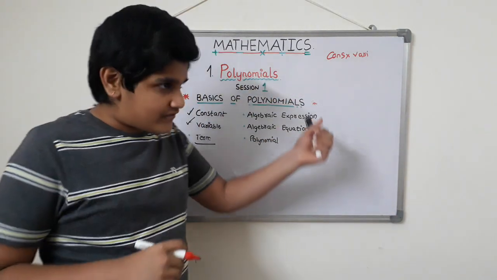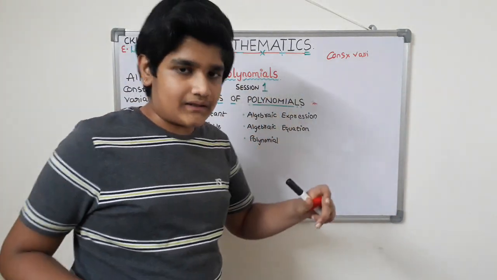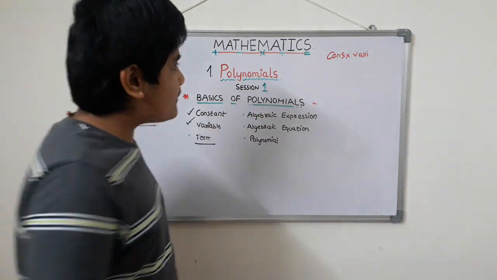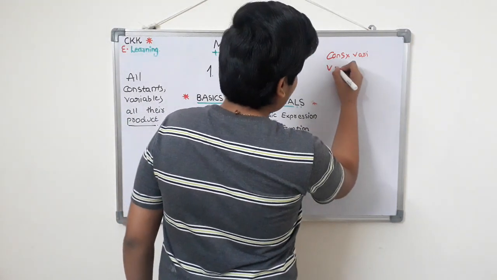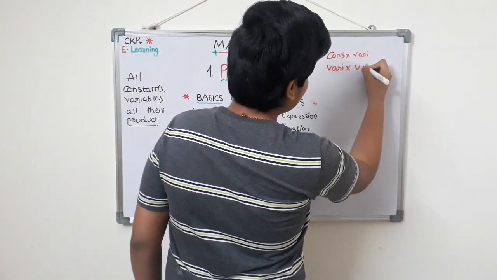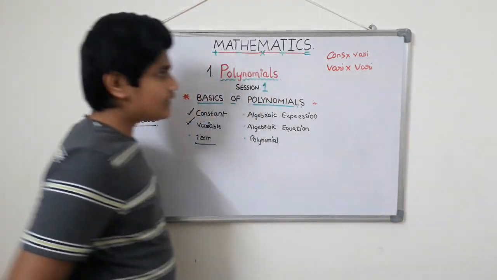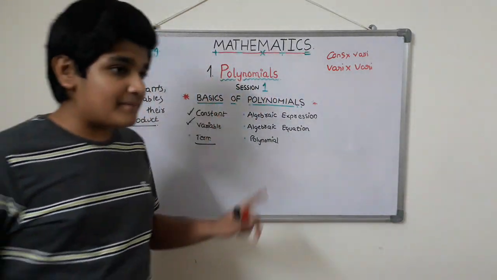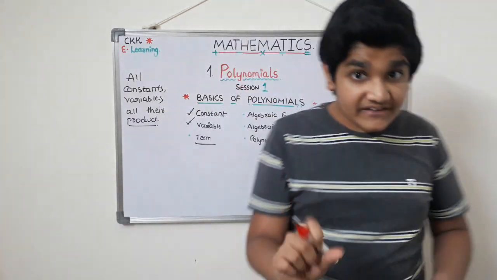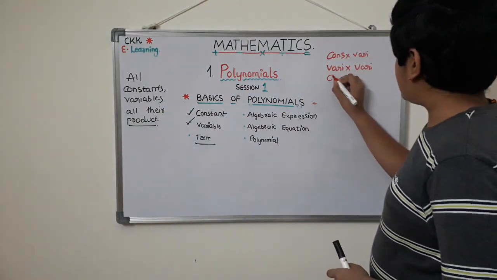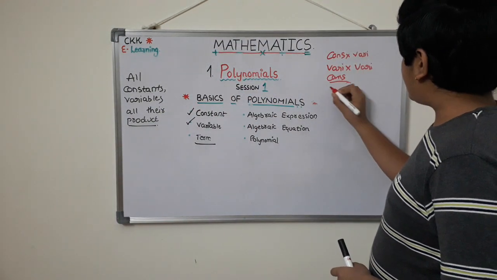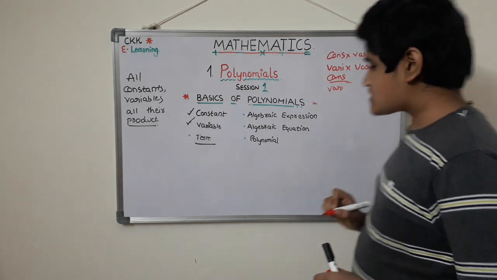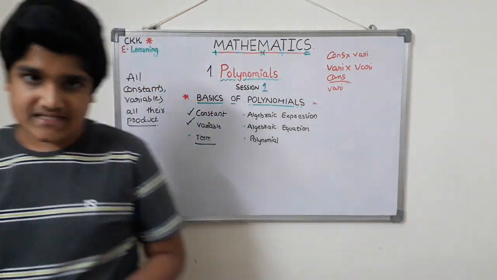We will take examples. First, let us understand what a term is. Constant into variable. Variable into variable, that is also a term. It means the product, and division also we can consider. Now see, constant by variable. This also can be considered a term.